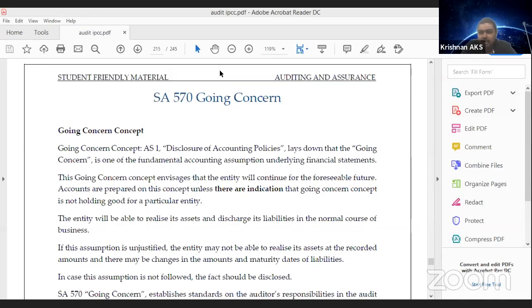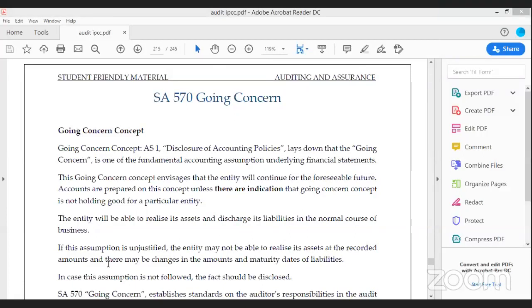Loss of key managerial person, strike, lockout, customers leaving the company, supplier not supplying, non-availability of raw materials, all these things. Financial indicators are like negative net worth, negative cash flow, not paying the creditors, not paying the bankers, cash liabilities not paid. All those things are signs of going concern being affected. Then other possibilities are like natural calamities, government changing its policy, all those things. Understood?